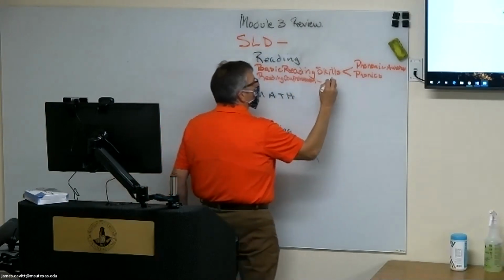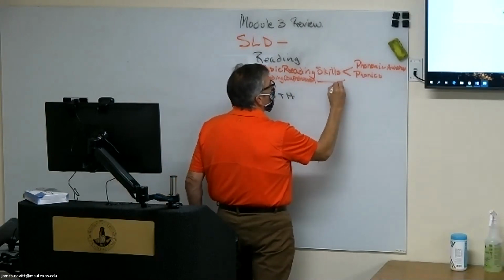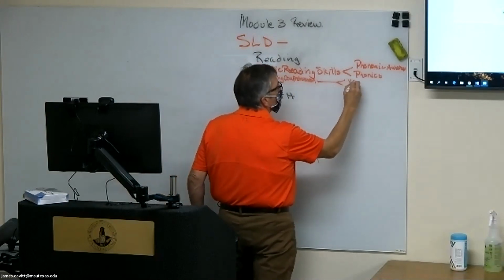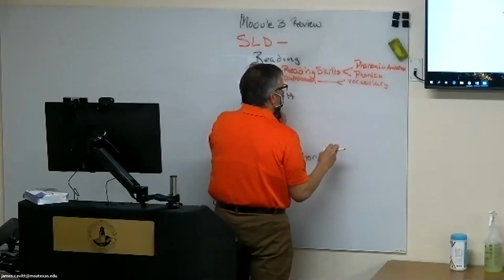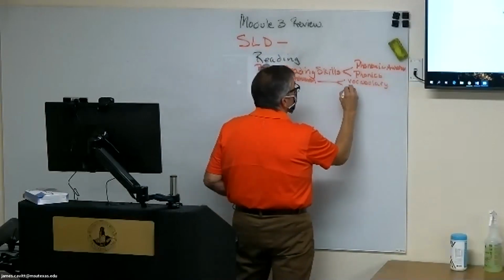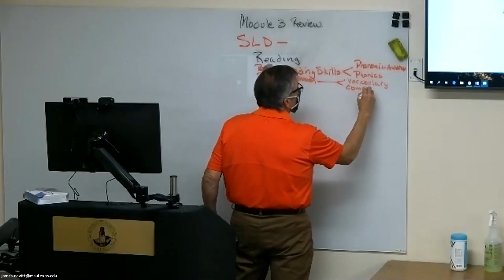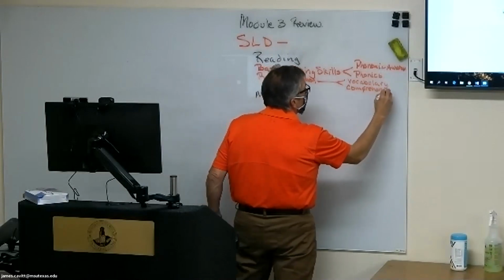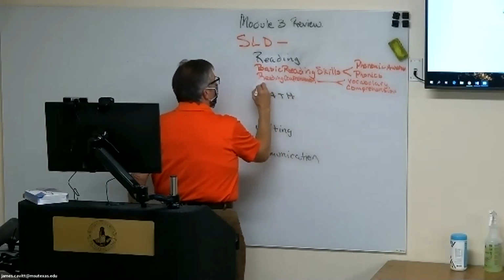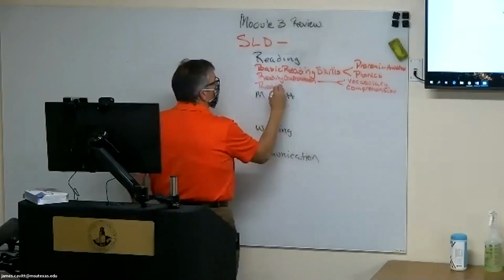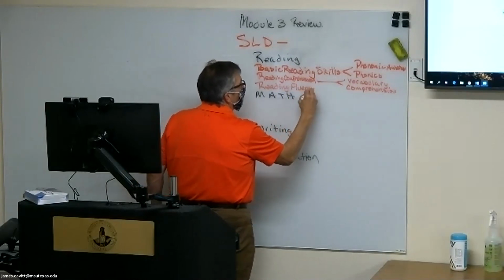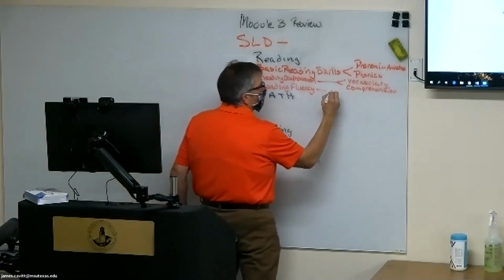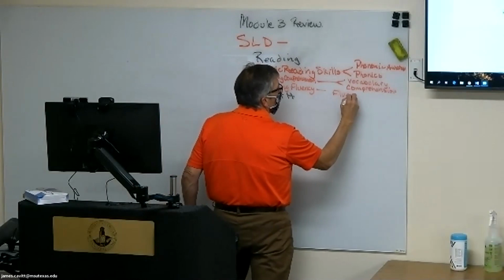and again, that's broken down into vocabulary and comprehension. And then you have reading fluency, and that goes with fluency in the big 5.